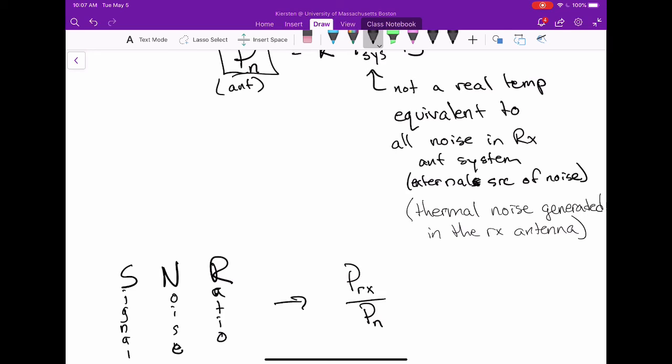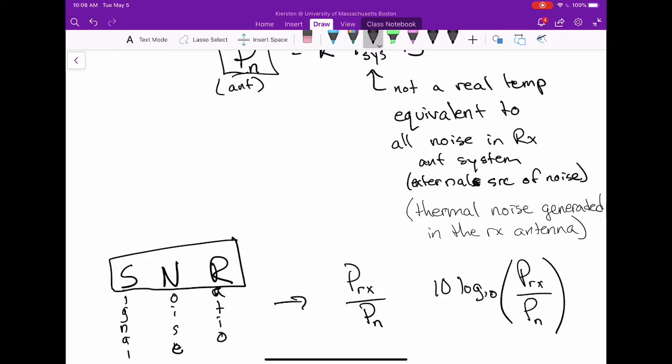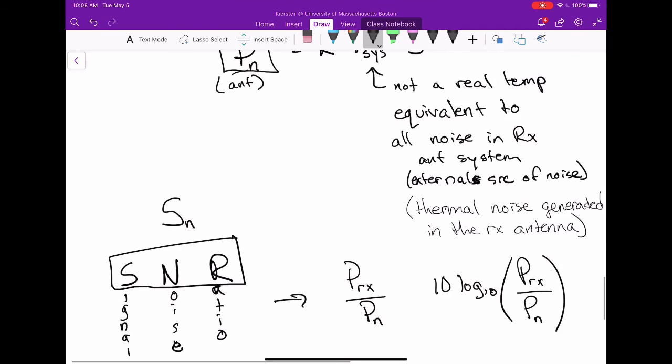A lot of the time we express that in dB, so then we would do 10 log base 10 of that ratio, P_RX over P_N, and that is what you would get for SNR. A lot of the time people will just write SNR all caps like that. Other times, like in your book, people use the symbol S sub n, but either way, it is the ratio of the receive power to the noise power.